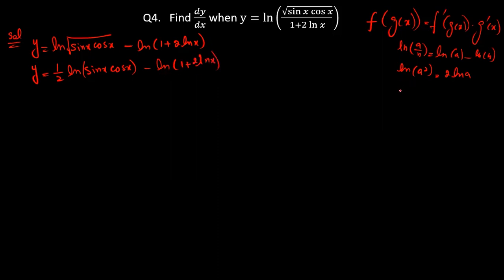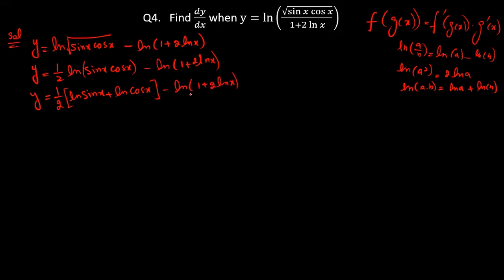And another property is for a into b: we can write it as natural log of a plus natural log of b. So we can apply that property here too. It will be 1 by 2 times natural log of sine x plus natural log of cos x, minus natural log of 1 plus 2 natural log of x.